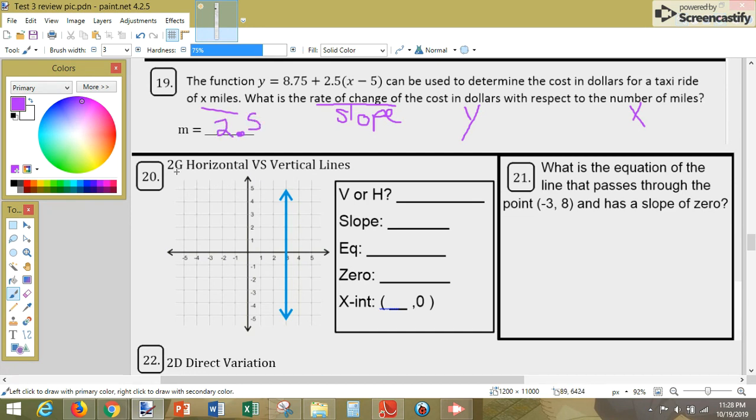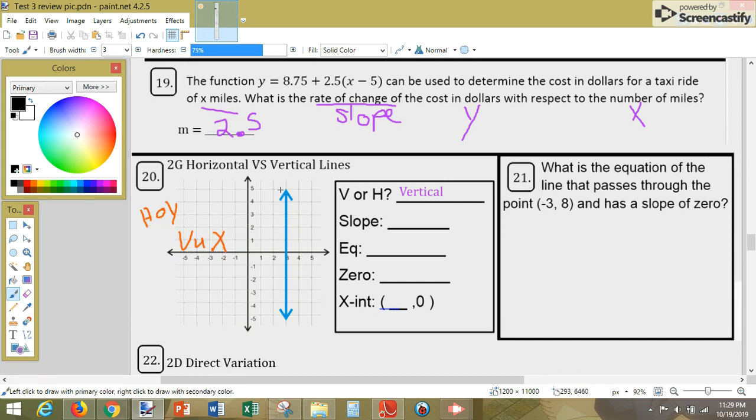Number 20, 2g, horizontal versus vertical lines. This line right here, it is a vertical line. If you remember from before, we have Hooy-Vux. Hooy is horizontal, 0 slope, y equals. Vux is vertical, undefined, x equals.